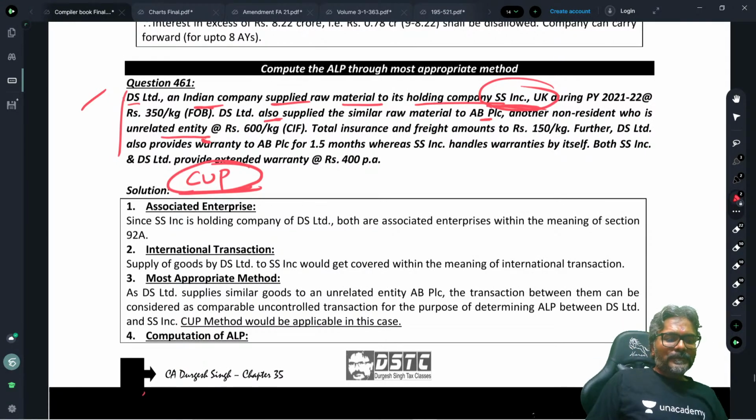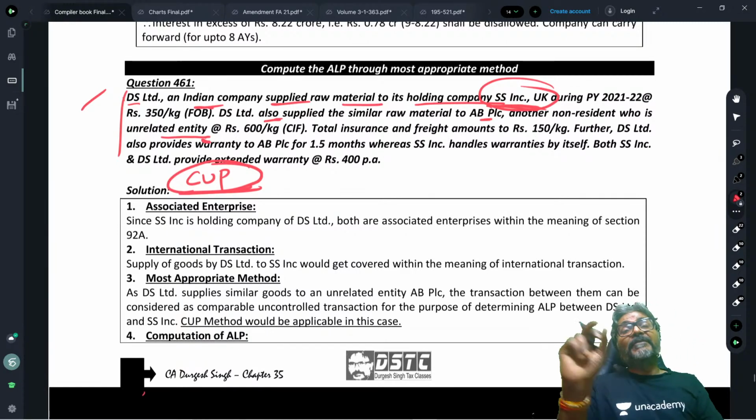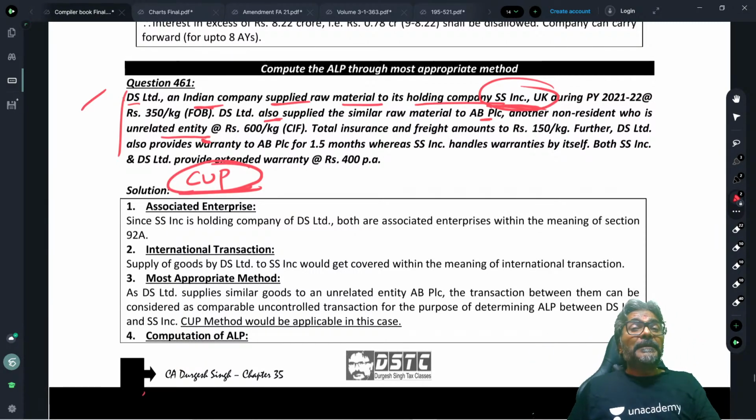Now once you pick up the price per kg in this context, thereafter, students, you have to do the adjustment. What is the next step?